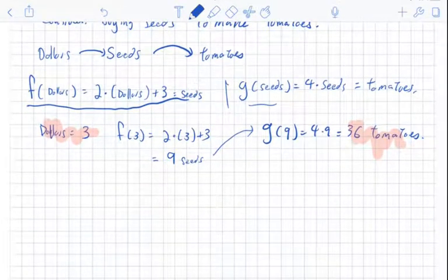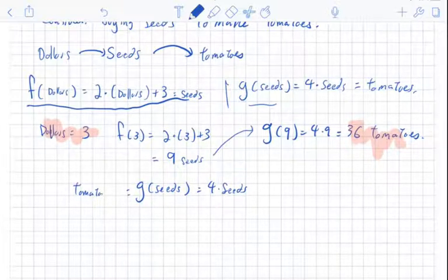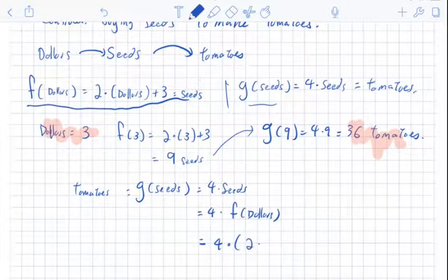If I know how many seeds I have, 4 times seeds tells me how many tomatoes there are at the end. And I know exactly how many seeds I have because it's the output of the dollars function. In other words, that's just going to be 4 times 2 times dollars plus 3.